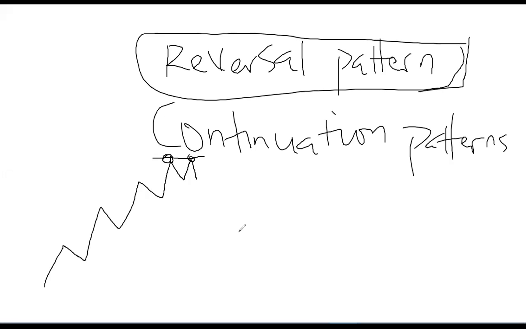When you see this, it's a sign that this uptrend is about to come to an end and a downtrend is about to start. So you see the market will start forming a new trend. But what happened here? There was a double top. Do you understand now what a double top means?